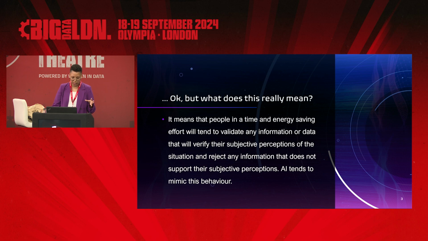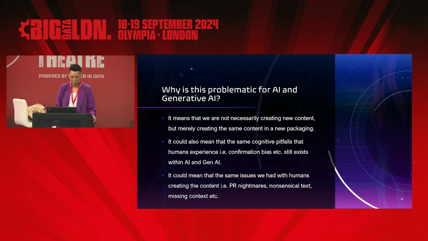Now, when we're looking at AI, we pretty much have to take the same approach because the same exact thing is happening. The coders are taking shortcuts that support their perceptive reality or their code in order to create outputs that agree with that subjective reality. Now, this can be all good and well for taking shortcuts and making sure you're getting the code out faster, but what does that really look like?